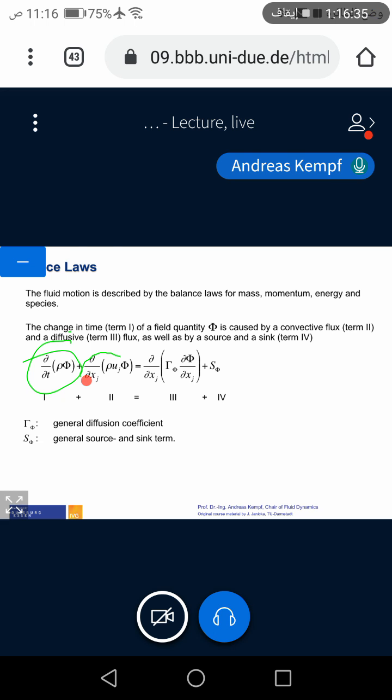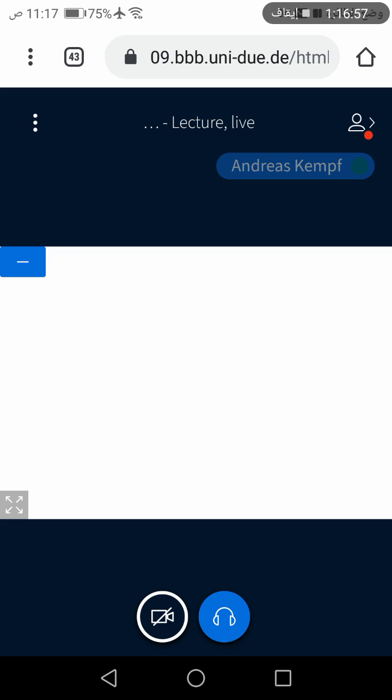We have the convection term, a partial differential with respect to space, which describes the convective fluxes, so how a quantity is transported by convection, by advection, so by motion with the fluid. Here, we have the diffusion term. And then we are left with a source term for any other things that will be left.